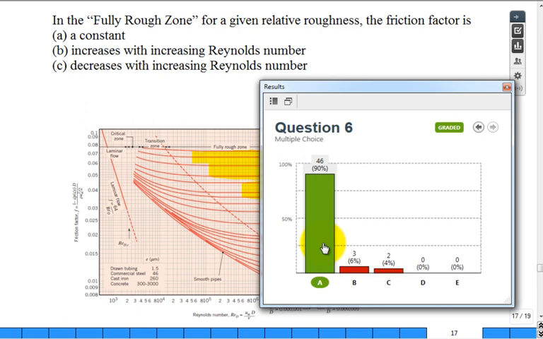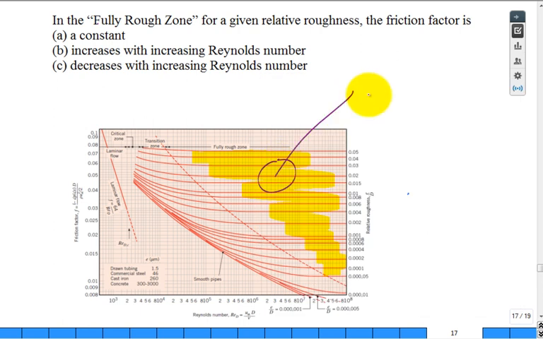That's exactly right. Out in this region, for a given relative roughness, the friction factor is no longer a function of the Reynolds number.